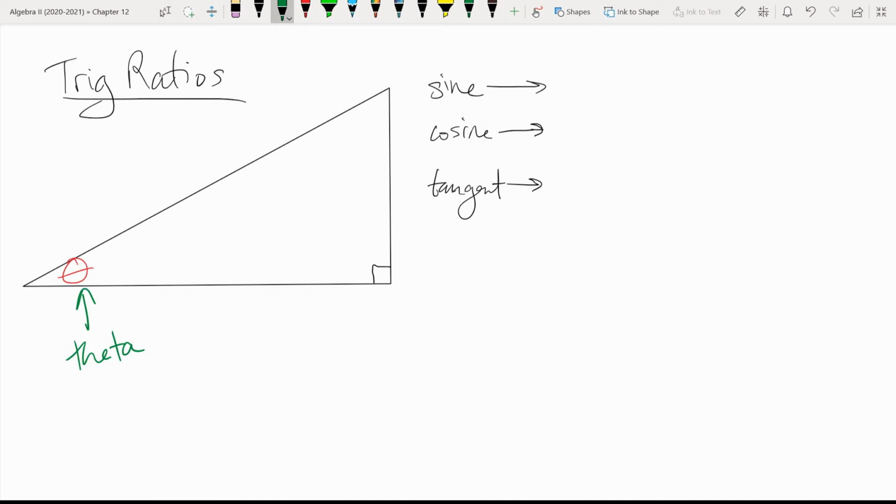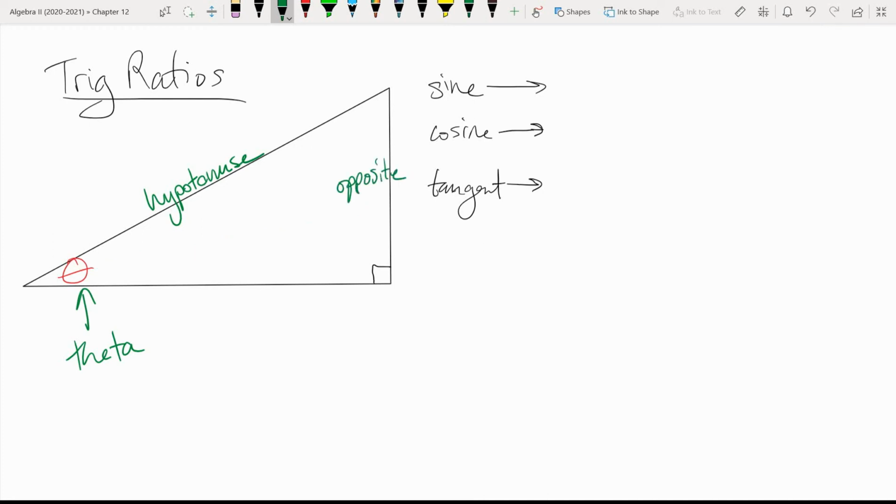And from the standpoint of angle theta, well, first of all, this is our hypotenuse over here, right? Long side, opposite the right angle, always going to be our hypotenuse. But we need to name these other sides here. So from the standpoint of theta here, this side over here that is opposite that angle, we call that the opposite side.